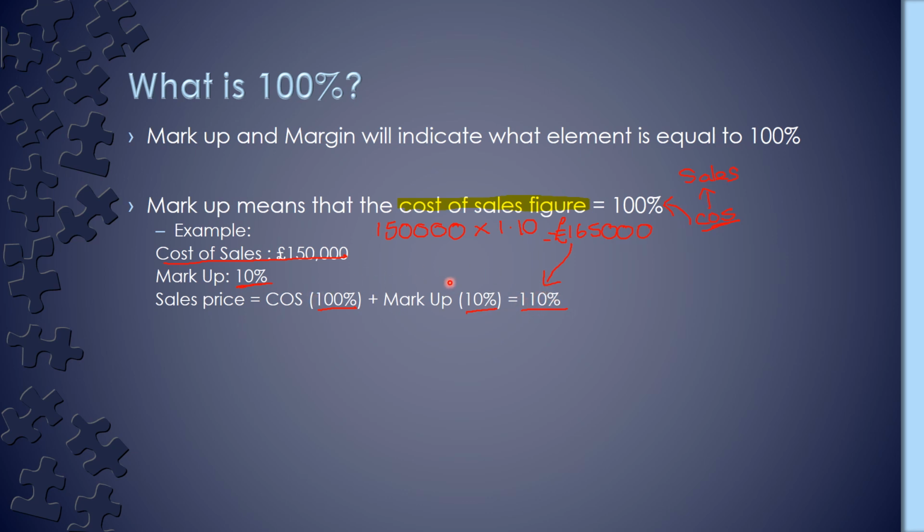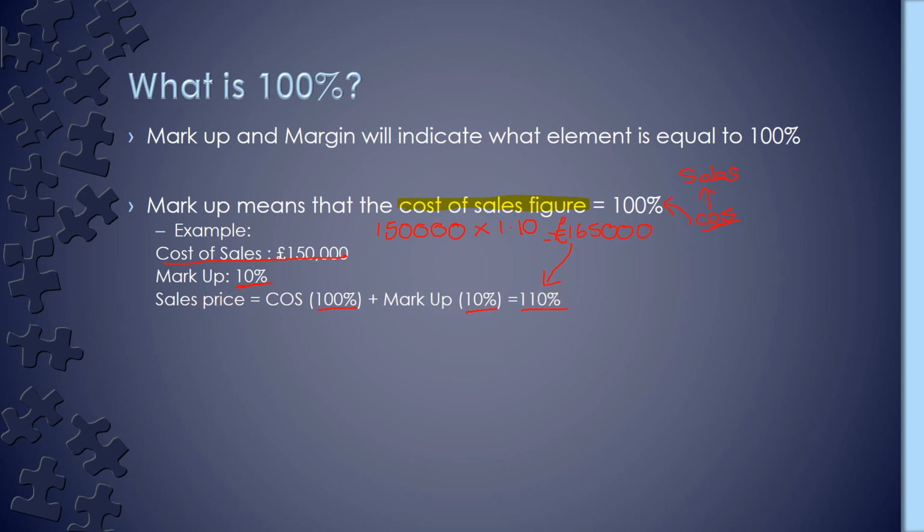So 100 plus 10 is 110%. So 150,000, which was our cost of sales, times 1.10, which is 110% in decimal form, equals 165,000, which equals our sales price.